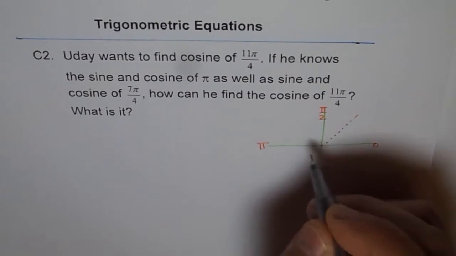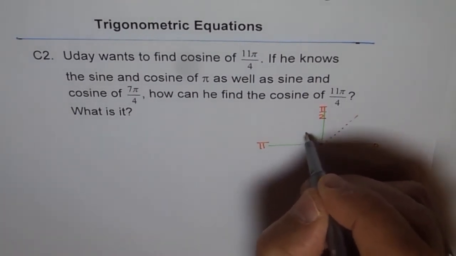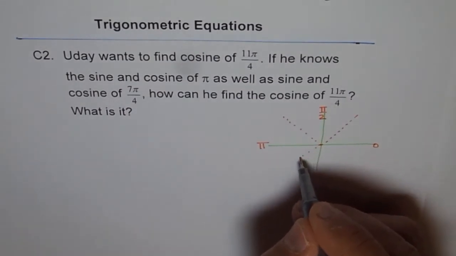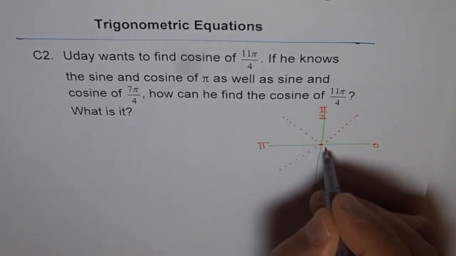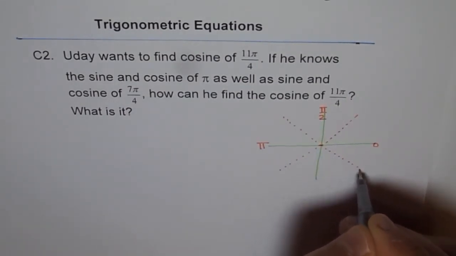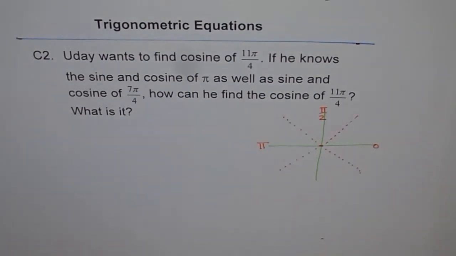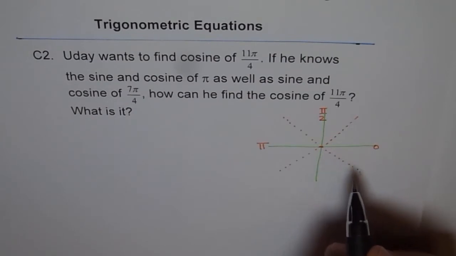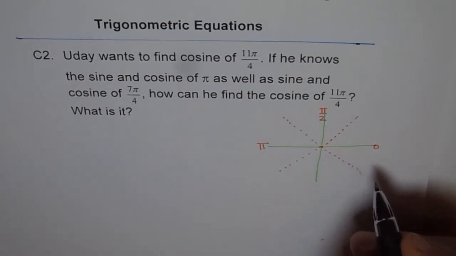So let's divide this into pi by 4s, and let's also see where 7 pi by 4, 11 pi by 4, and all these terms are. I'm doing that because I find that some students are not very conversant with this notation of pi. So they get confused between radians. They try to go back to degrees and come to radians, and that makes the job difficult.